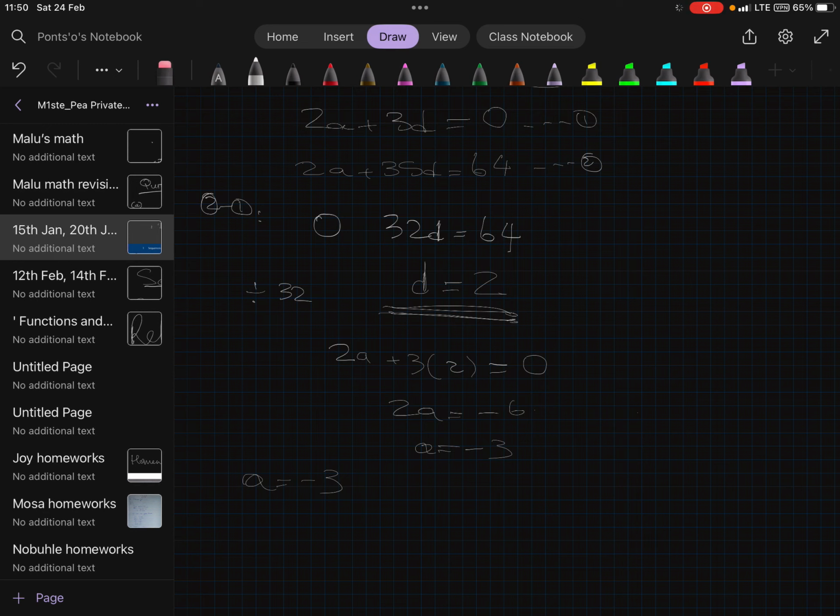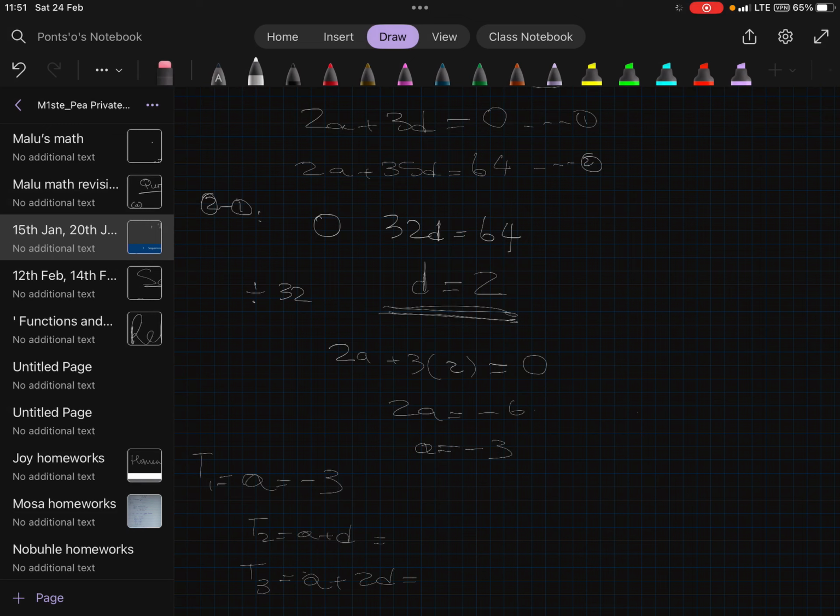So in order for us to get the second term, what must we do to the first term? Term 1 is negative 3, right? Term 2 is the first term plus the common difference. Term 3 is the first term plus twice the common difference.